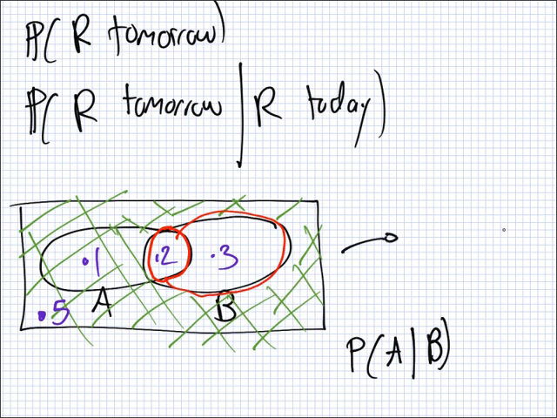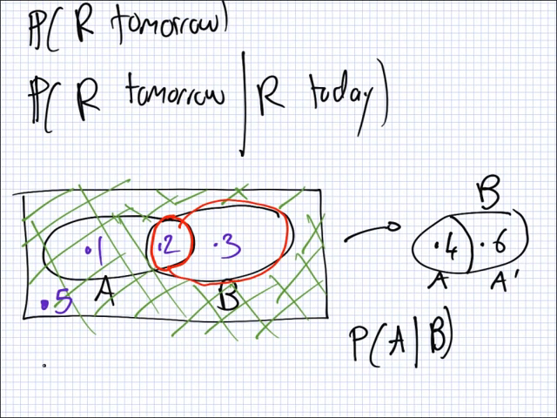We're now only looking at B, and that's all that exists. And we split B. We have an A piece and a not A piece. We can't say 0.2 and 0.3. We have to say 0.4 and 0.6. Why? Well, it still has to add up to 1. And can we be outside? No. We know we definitely have B. So this process, we call it renormalize.